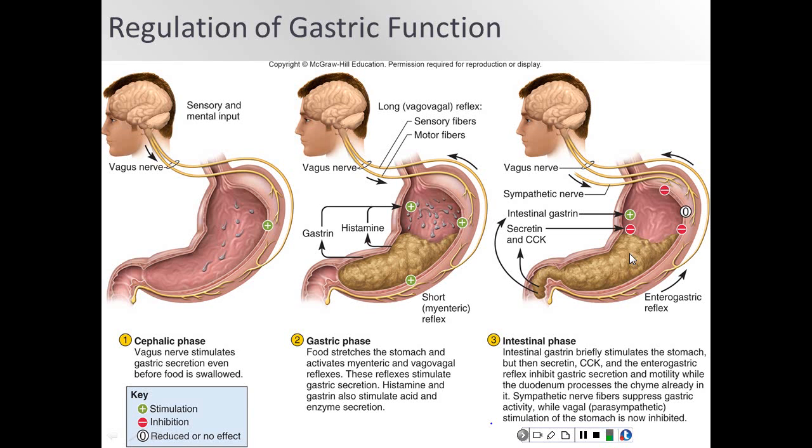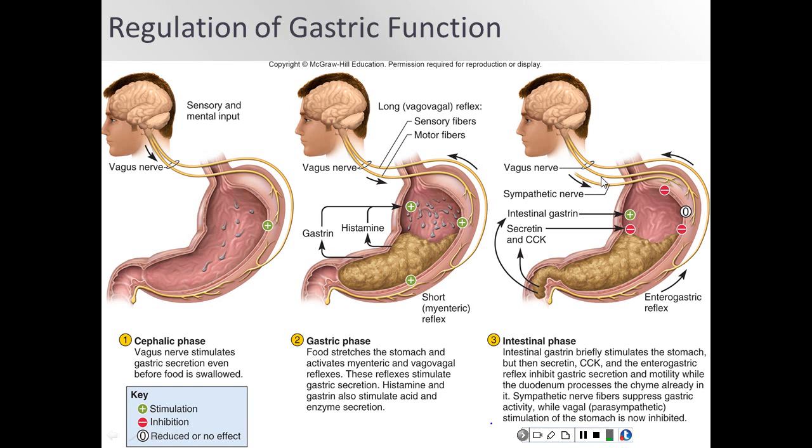Now the signals are sent back to the medulla oblongata that accomplishes two actions. The vagal nuclei is inhibited, reducing the vagal stimulation of the stomach, and then the sympathetic neurons are stimulated, sending inhibitory signals to the stomach as well.